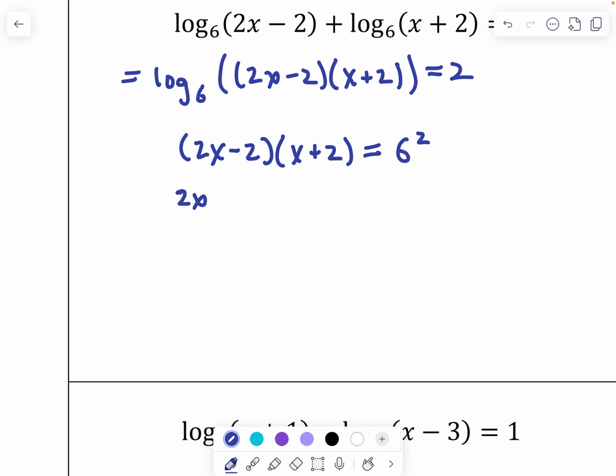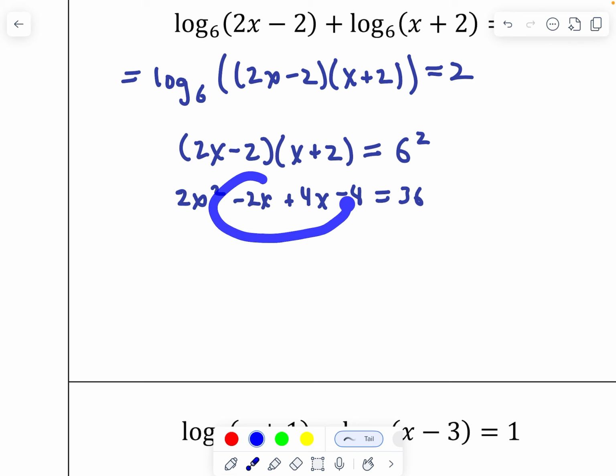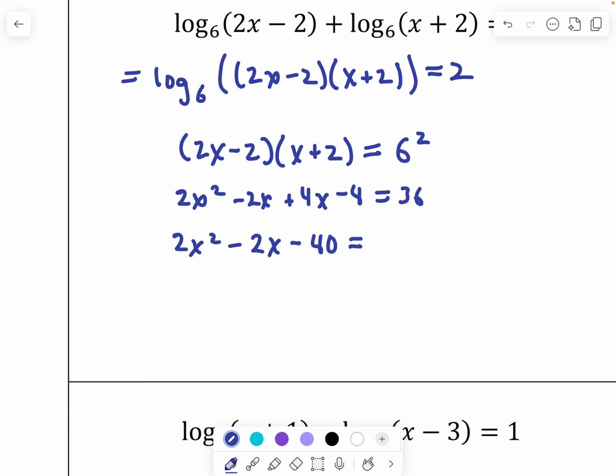We have 2x squared minus 2x plus 4x minus 4 equals 36. I'm going to knock out 2 steps in one here. First thing I'm going to do is negative 2x plus 4x. I'm also going to bring the 36 over to the other side. This gives me 2x squared minus 2x minus 40 equals 0.